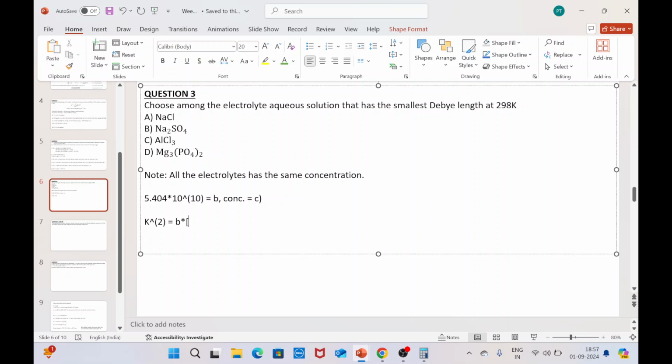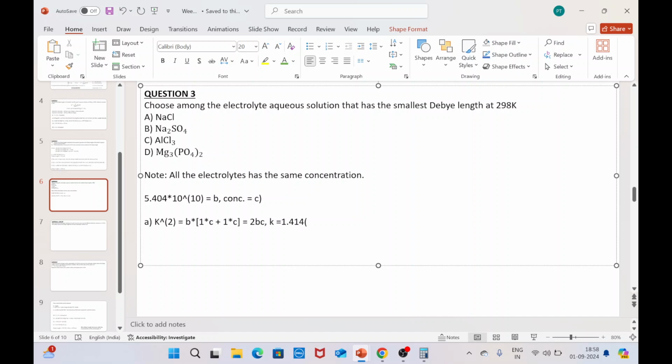For NaCl it is 1, and 1 square is 1, so 1 times c plus 1 times c. This is nothing but b into 1c plus 1c, that is 2c. So you can write 2bc. This is option A.